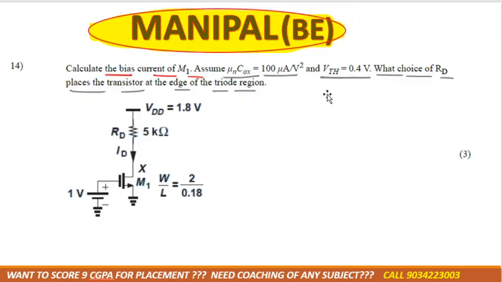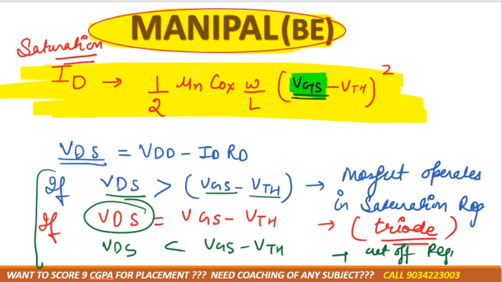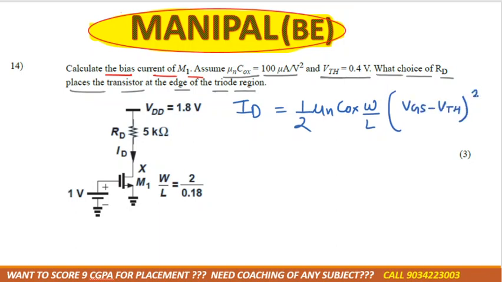What they have said, the edge of the triode region, right? So basically first they ask you the bias current of M1. Bias current is this one, so I'm writing the formula over here only. ID is equal to half mu n COX W by L into (VGS minus VTH) square. Okay, half we know already.